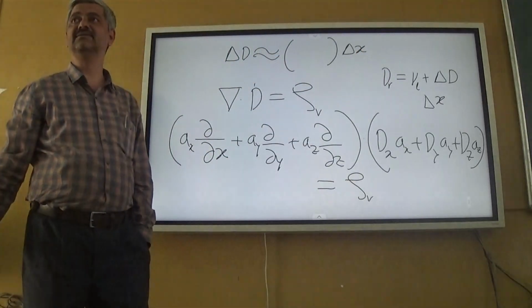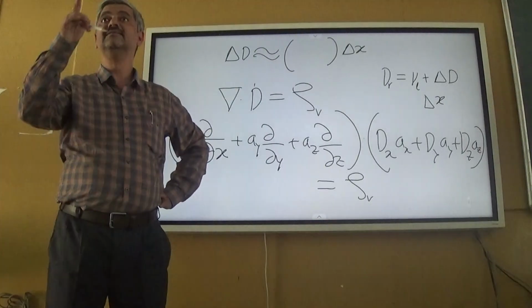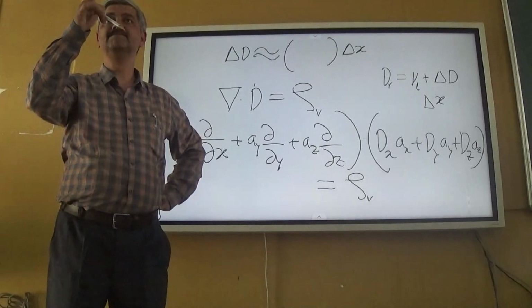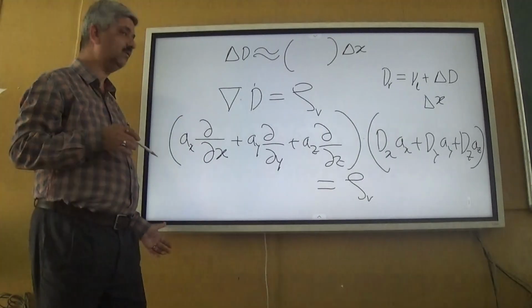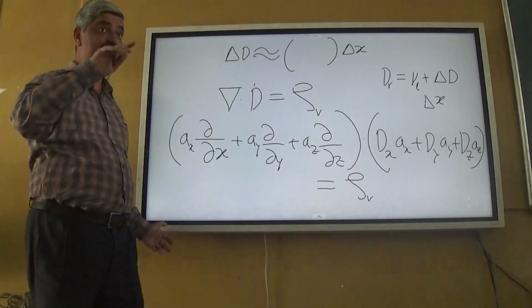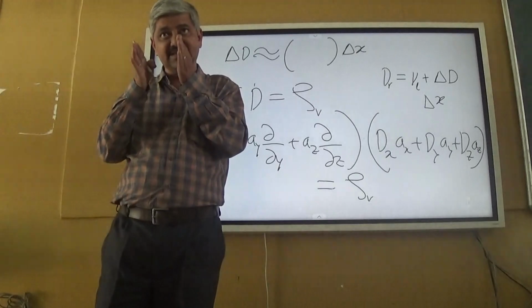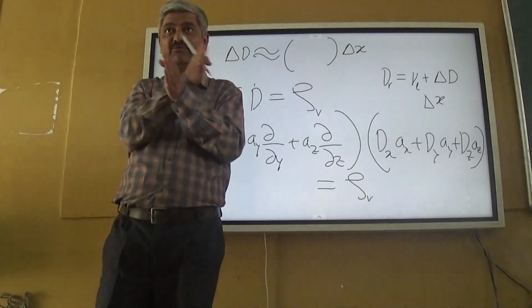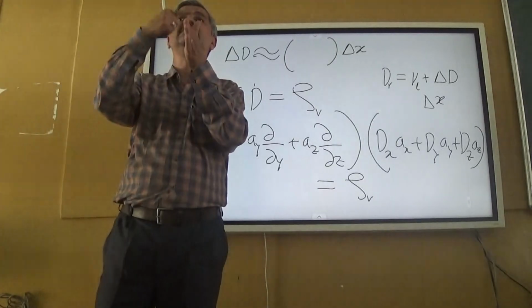What would be in the bracket? I think when we are talking about the face, we are talking about the x component, right? Why? Because the area vector is in the yz plane.